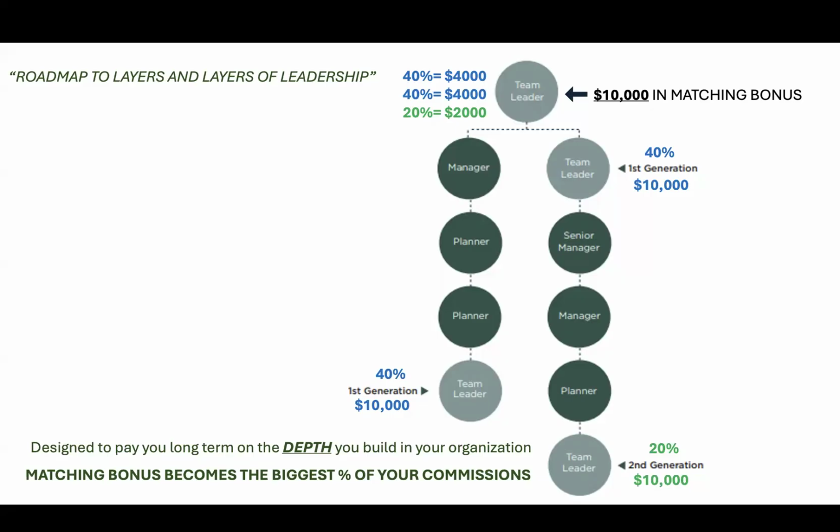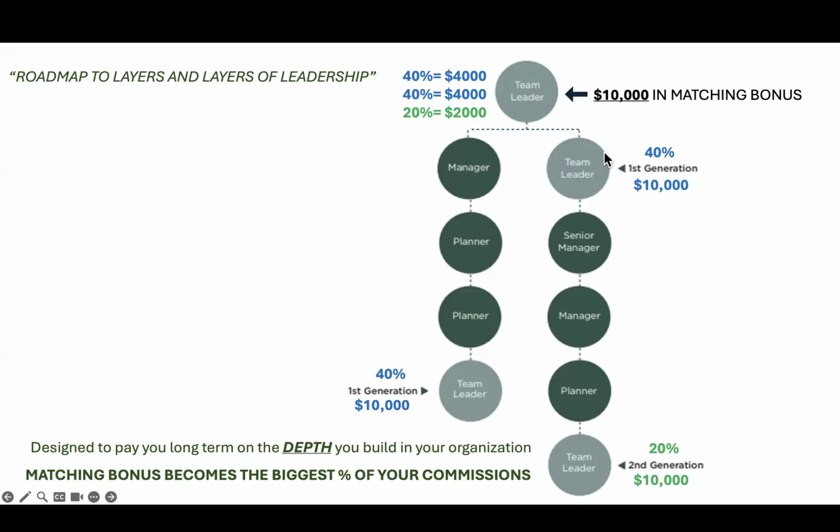They may need some assistance, but a team leader is at a place where they already know how to run their business, right? They have their open line business, they're generating 10,000 SP, and they're running their own business kind of automated, right?